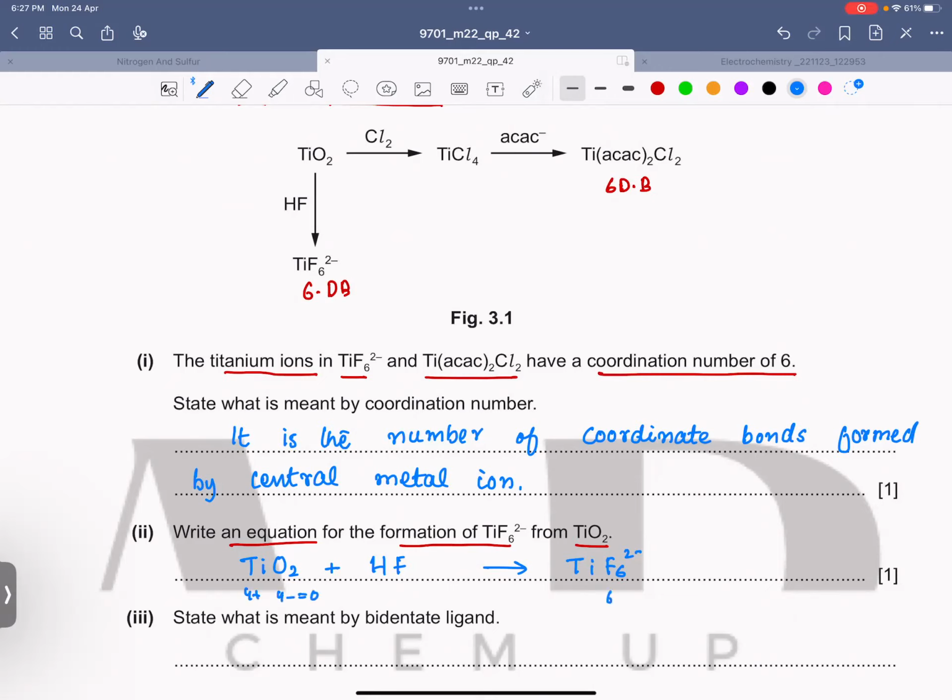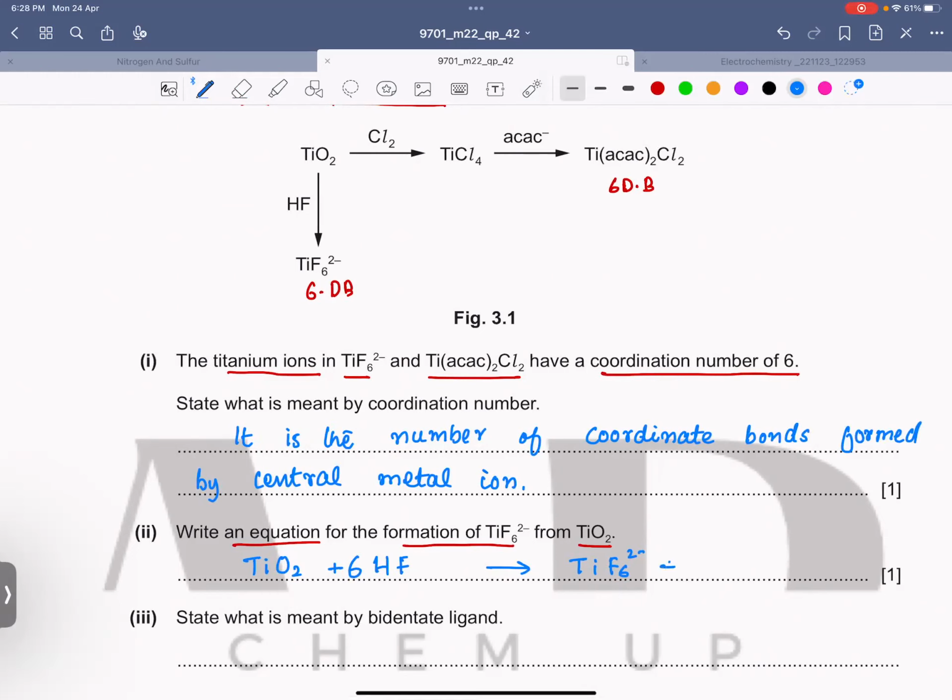Here 6 negative and 4 positive gives me 2 negative. So the oxidation number is the same for the transition metal ion, titanium. So it means there is not a redox, just a substitution. So I would need 6 HF, and the hydrogen and oxygen are left, which means they are going to form water.